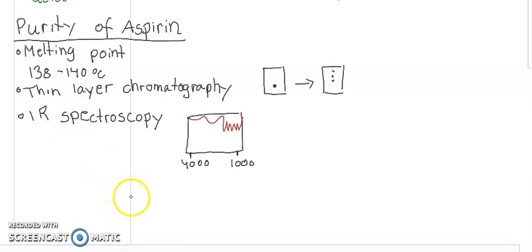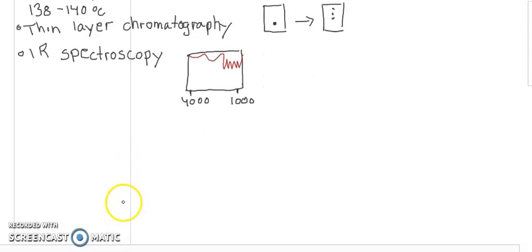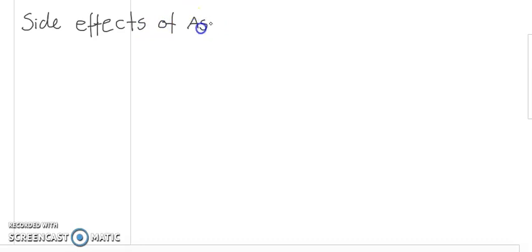And so when you take aspirin, you do have some side effects. Some effects that we don't want, but that can happen. So we are looking at the side effects.